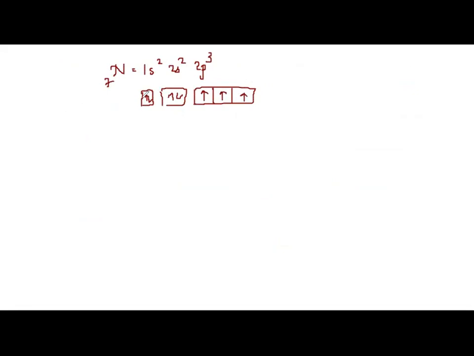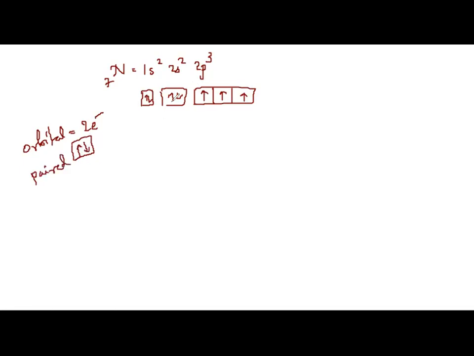Each orbital can hold a maximum of 2 electrons: 2px, 2py, 2pz. But here I have balanced by writing these 3 electrons. If an orbital has 2 electrons, we write it as spin up and spin down. This is said to be a paired orbital.